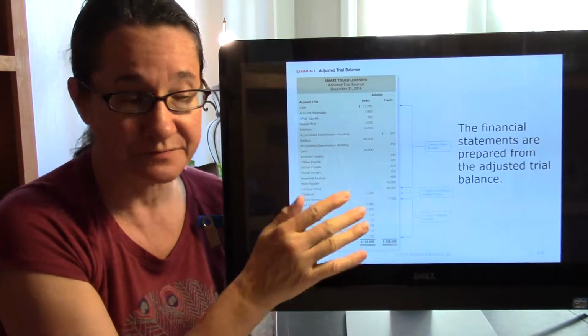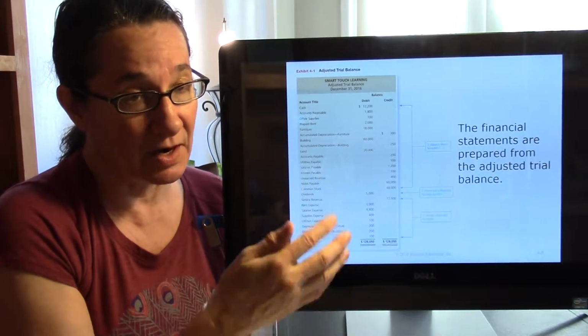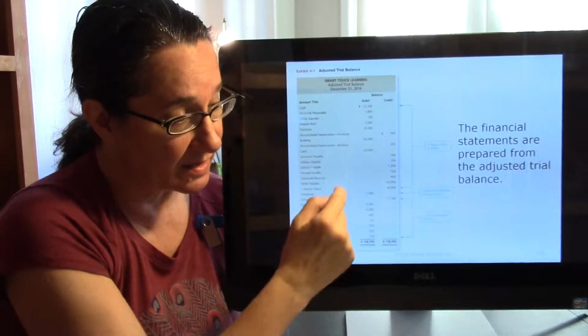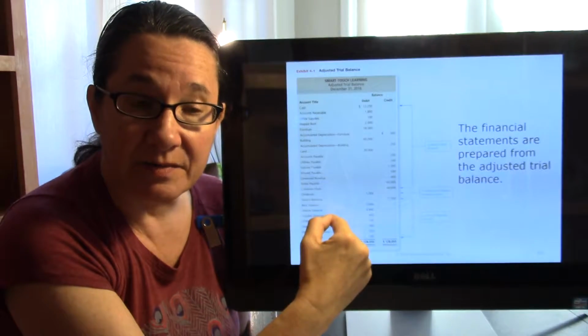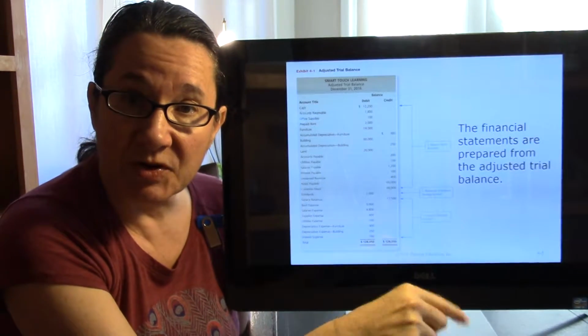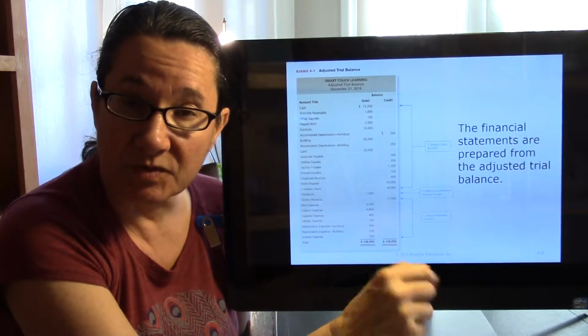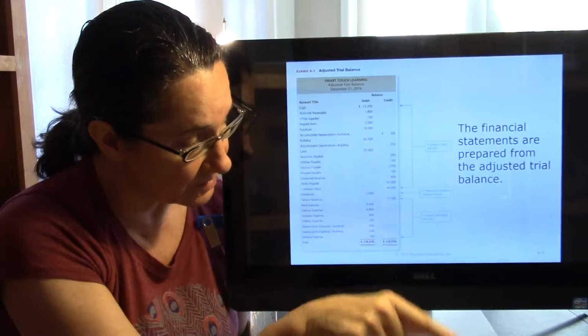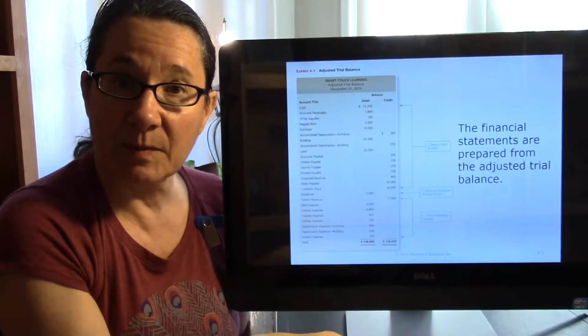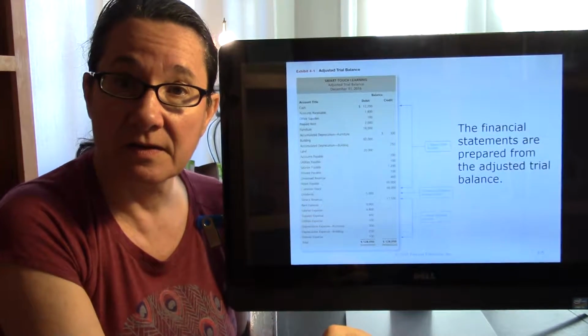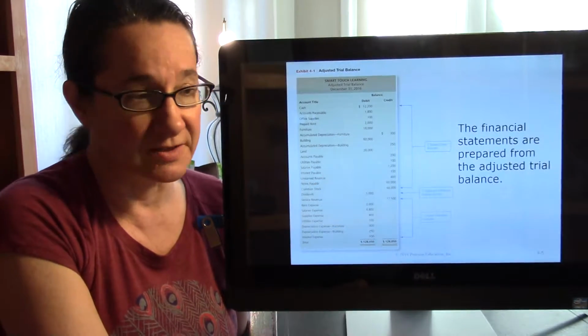You're done with them. But for the next statement you prepare, retained earnings, you take your beginning retained earnings balance and the net income you calculated on the income statement, and move it over. Dividends, you find dividends, put them on, and then you come up with your ending retained earnings. Now you go and prepare the balance sheet.